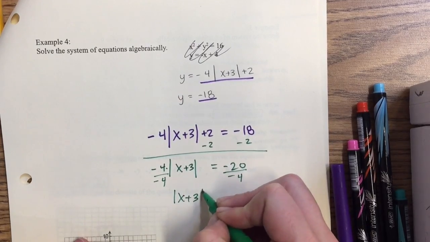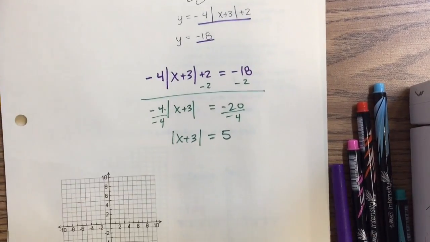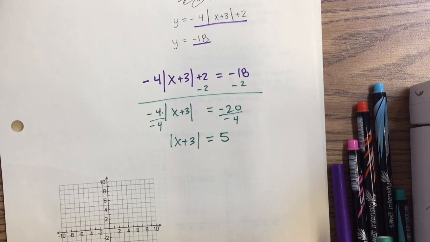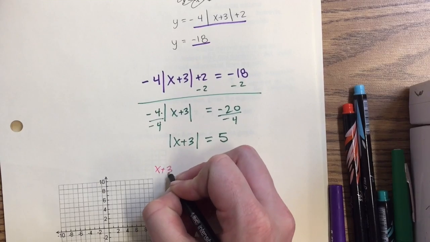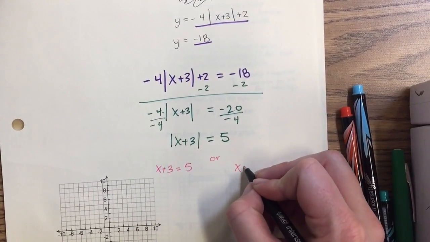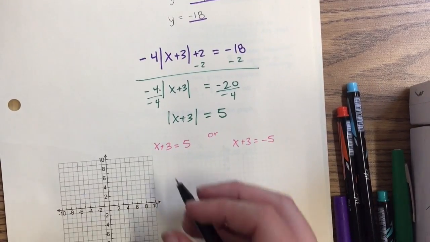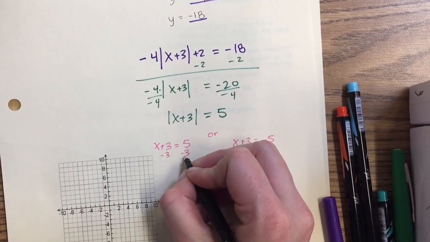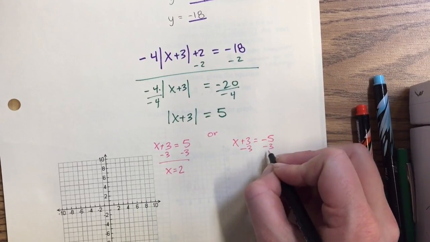The absolute value of x plus 3 equals a +5. Now that I have my absolute value alone, I separate it into my two answers. It could be a +5, or it could be a -5. Solve for x. Solve for x.